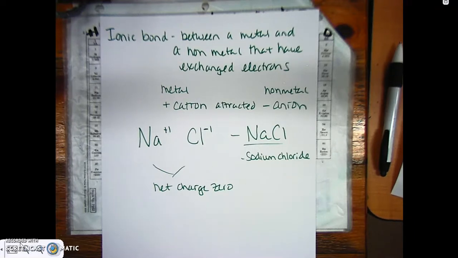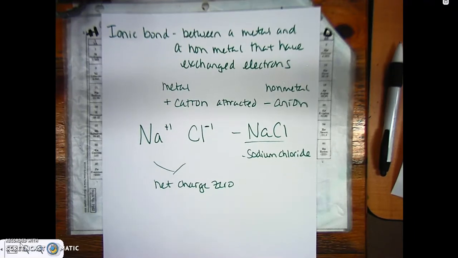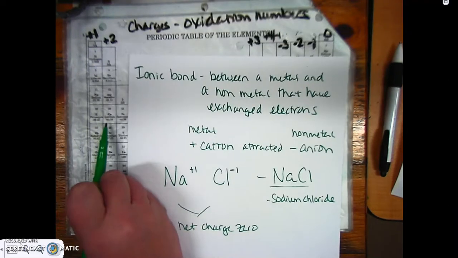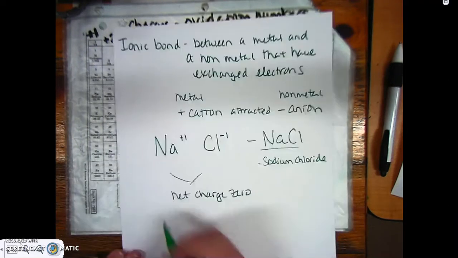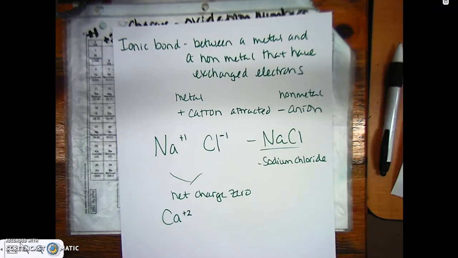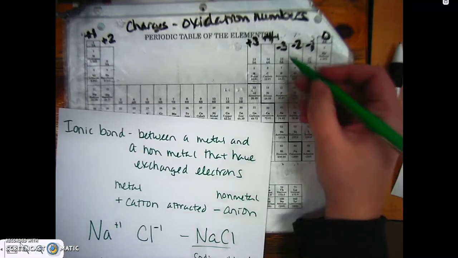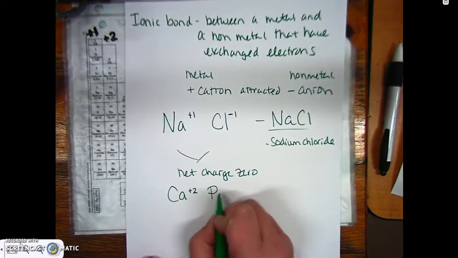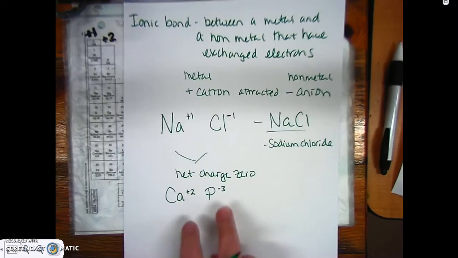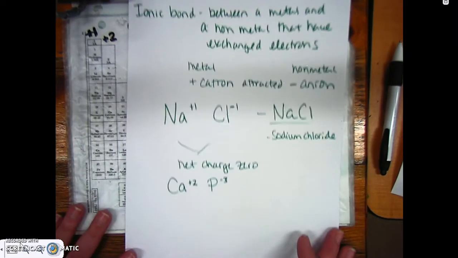Let me give you an example of one that's not a ratio of 1 to 1. If we look at calcium, it's in column 2, so calcium has a +2 charge. And if we go over and look at phosphorus, phosphorus is in this column, so it's going to have a -3 charge. In order for these to cancel out, we're going to have a different number of things.